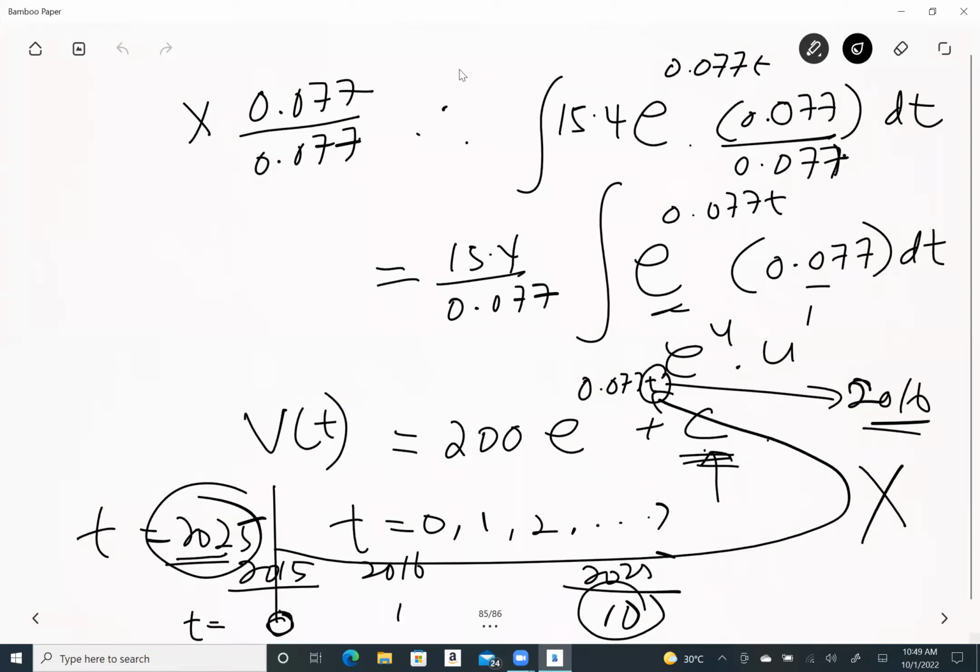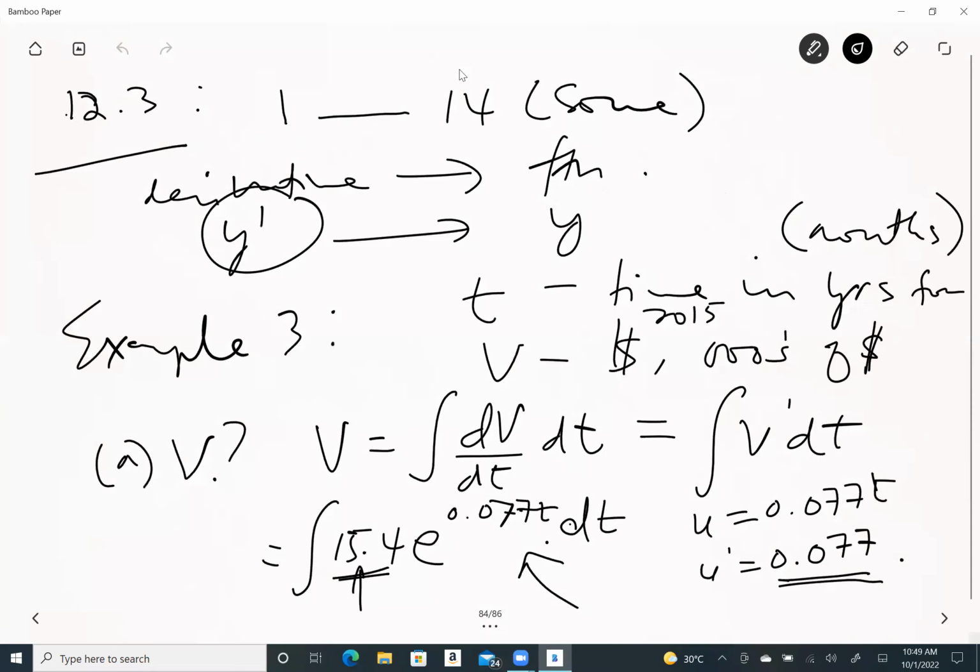Do up to 16. Do sum, you cannot just do it like that.